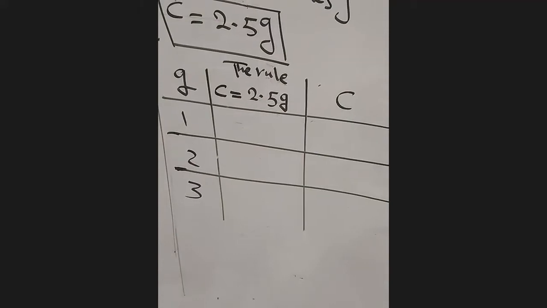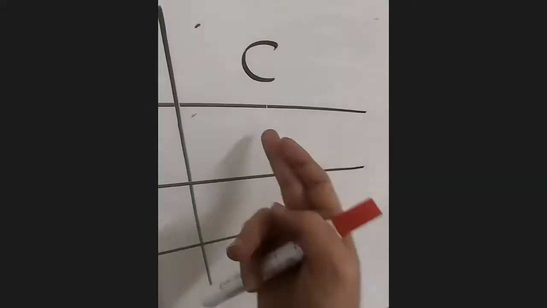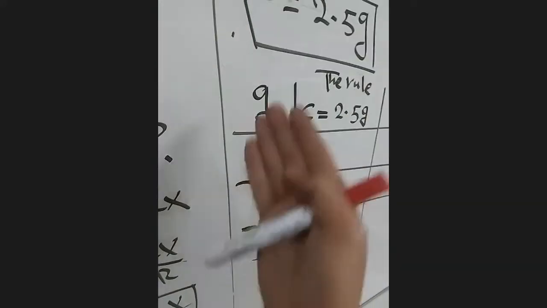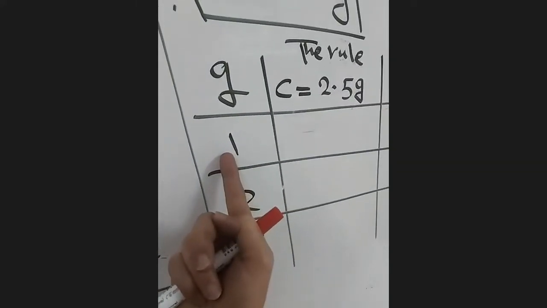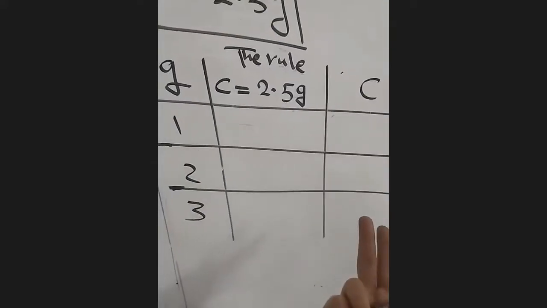The given are the G's, the number of gallons, because it has 1, 2 and 3. G is given.